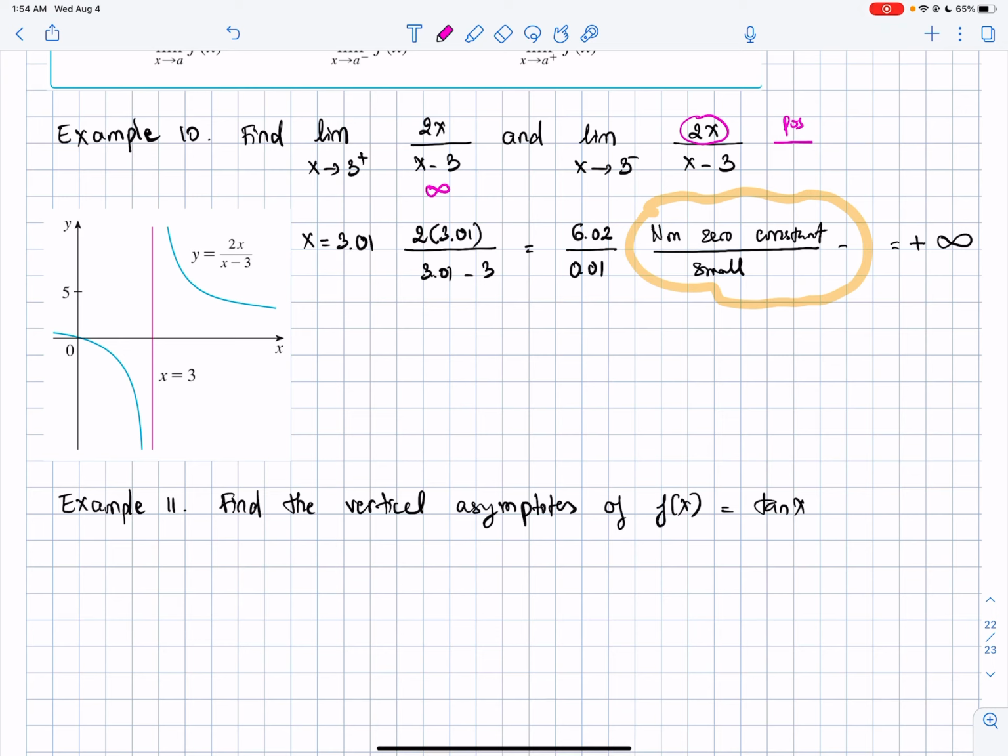It's 0.1, a small number, almost like 0, but it's negative. So it's negative, really small. So when you have the sign, it will be negative, and because the top is positive, and when you have a non-zero constant number divided by a really small number, the answer will be negative infinity.